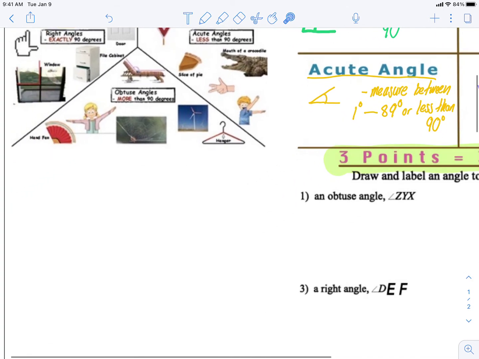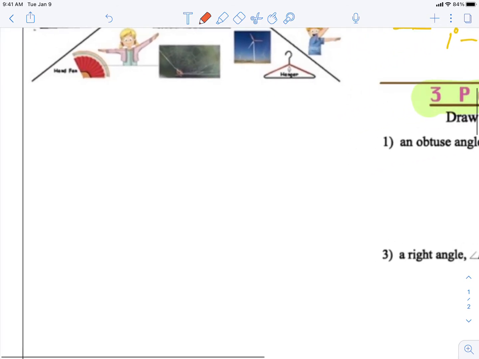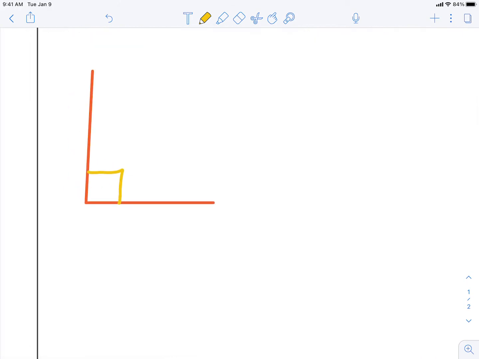Now, when we form an angle, we form 3 points technically. So I can do a right angle. Check it out. I can do that, and I'm trying to draw it straight here. And I'm going to write my box, because that's a right angle. Now to name this, I'm going to use 3 points.